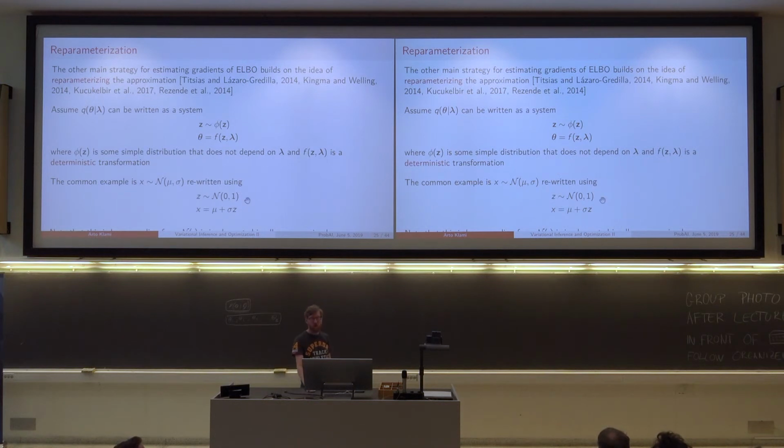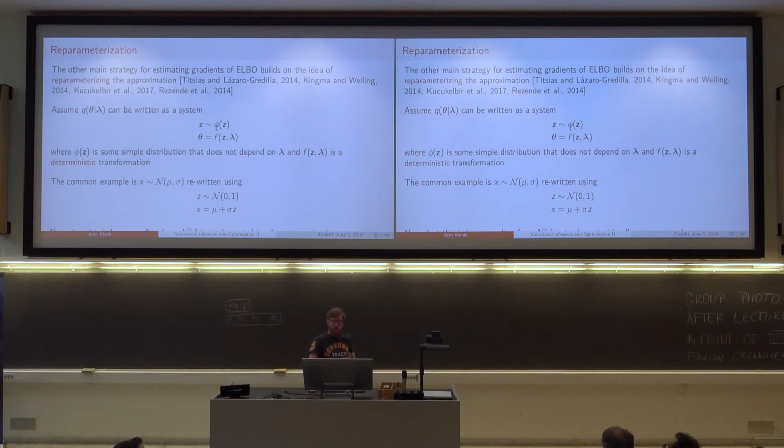We first sample a new augmented random variable from a standard, zero mean unit variance distribution, and then we transform the result of this sampling process into the actual observation. That's what is missing from the last slide here: this is how sampling from a normal distribution is actually implemented in all programming languages. You sample from a standard normal distribution, you multiply the result with the standard deviation, and then you add the mean.